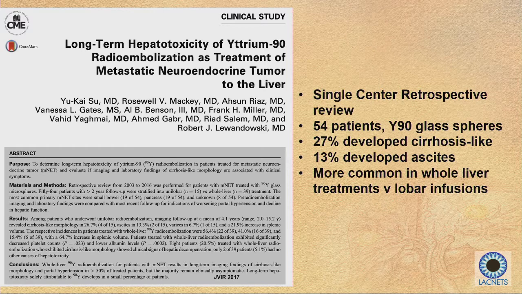And they saw that 27% of these patients developed a scarring of the liver. It looks like cirrhosis, and 13% of them developed ascites. It was more common in patients who received whole liver treatments versus lobar infusions. And by lobar infusions, I mean right lobe, left lobe, and you can also infuse the segments. There are 8 segments within the liver. So the less liver you treat, the safer the therapies are.